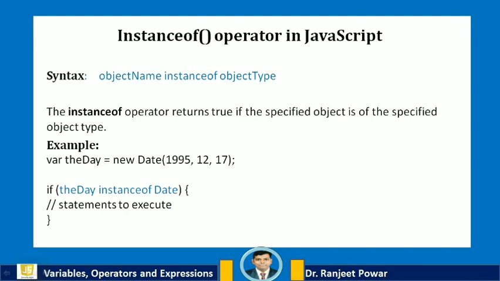The instanceof operator returns true if the specified object is of the specified object type, where object name is the name of the object to compare to the object type, and object type is an object type such as Date or Array. Use instanceof when you need to confirm the type of an object at runtime.